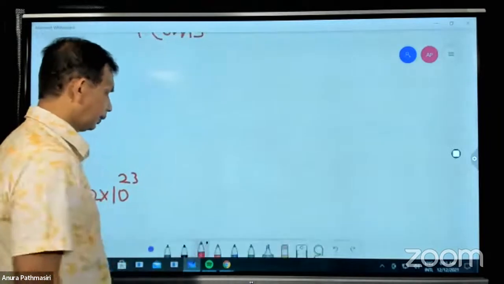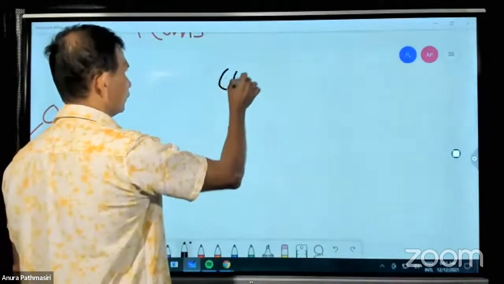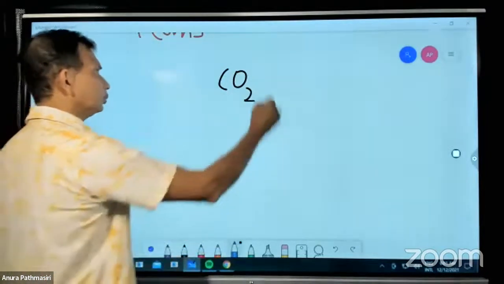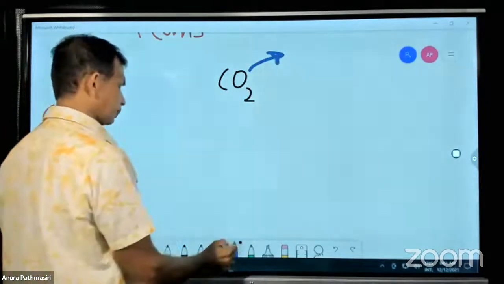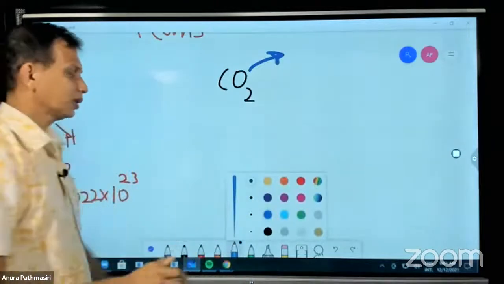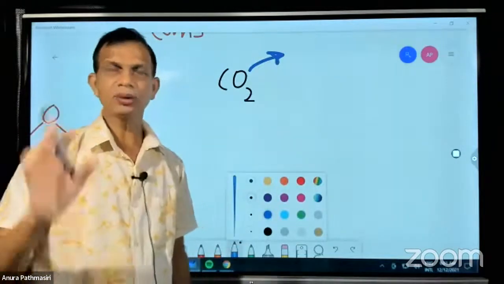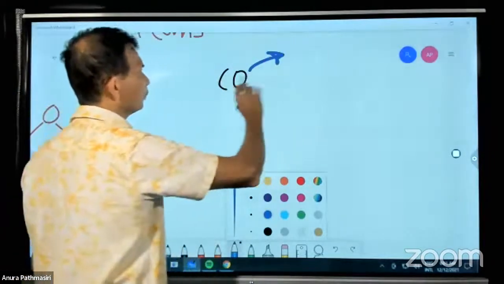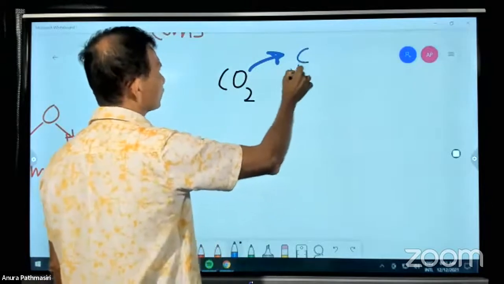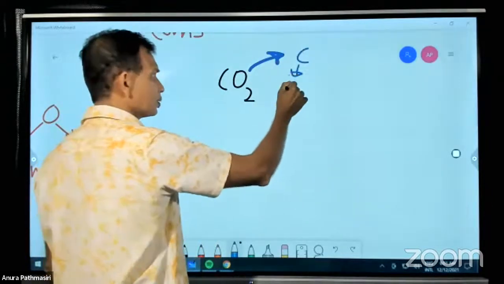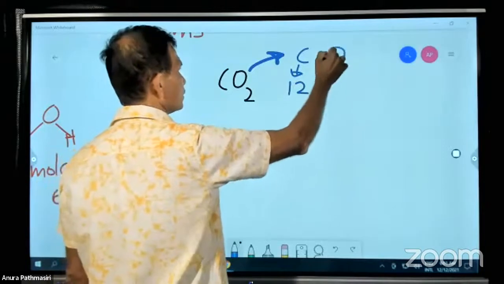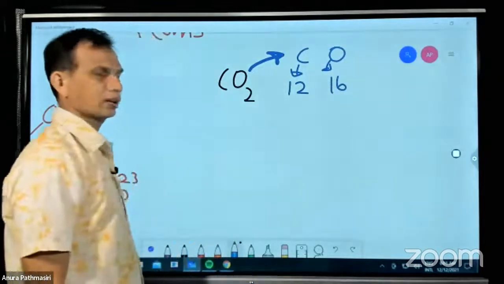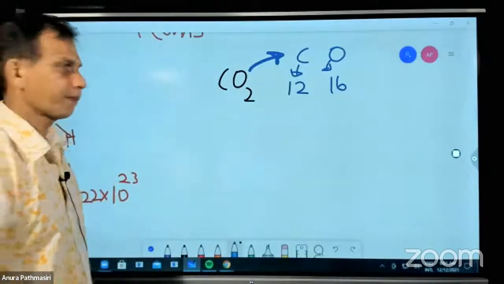එතකොට මම තව එකකට යනවා. මම අරගන්නේ carbon dioxide. What is the first step that we want to do to express its relative molecular mass? We'll try to find out the relative molecular mass of carbon dioxide. Carbon's relative atomic mass is 12, oxygen's relative atomic mass is 16, that will be given in the paper.